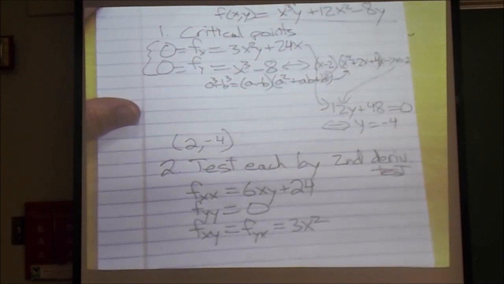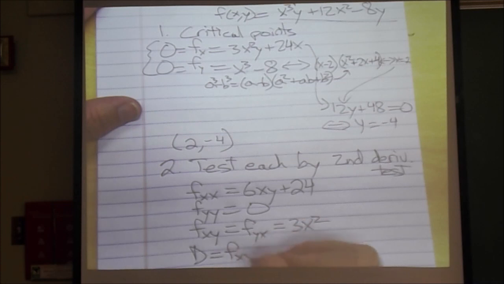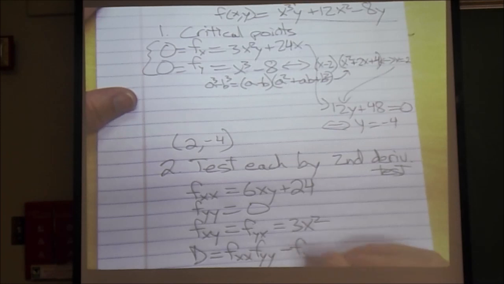Now what we have to compute is D, you just have to memorize this or look it up in your open book test: f_xx f_yy minus f_xy, or f_yx, squared. Well, f_yy is 0, so this is 0, minus f_xy squared, which is 9x to the 4th.